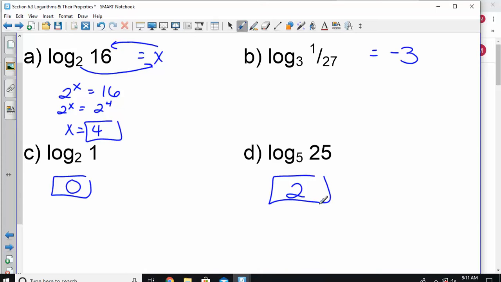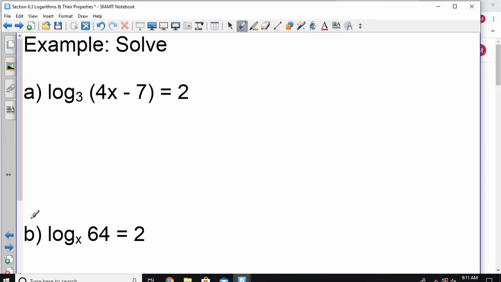Let's do some where we can't necessarily just look at it and solve. So log base 3 of 4x minus 7 equals 2. So if I wanted to solve this, I would have to change it to exponential.